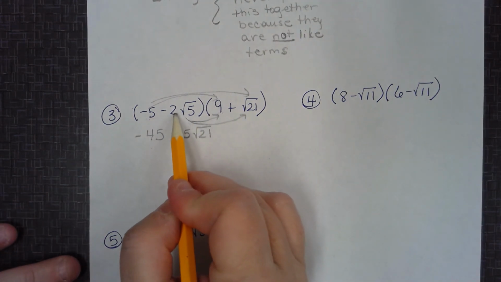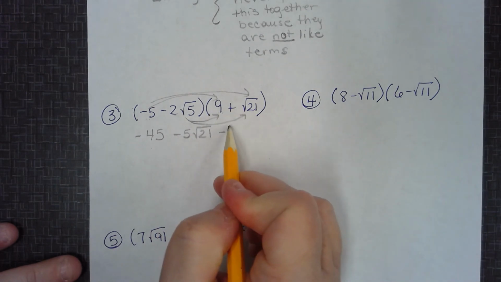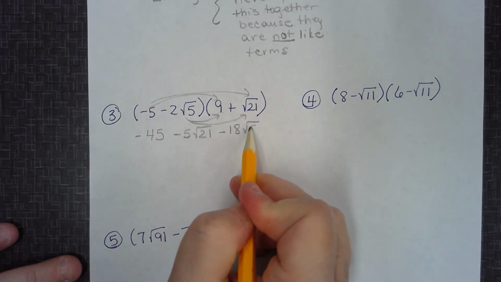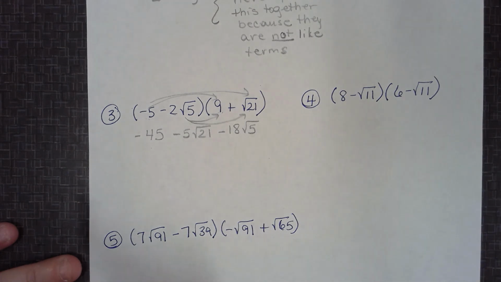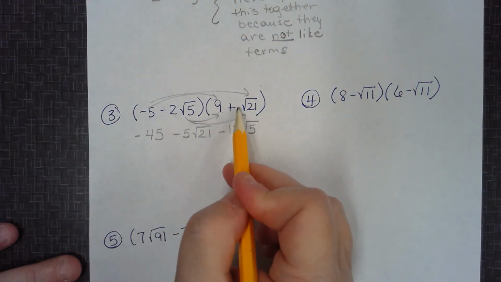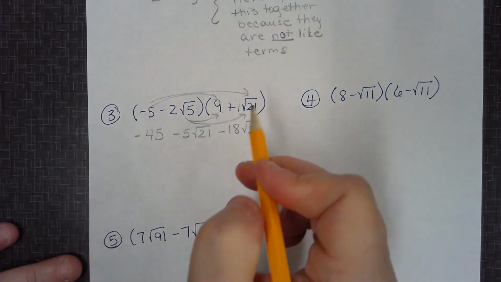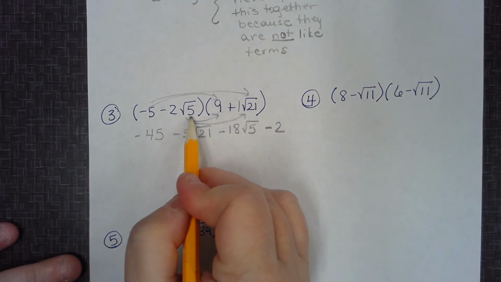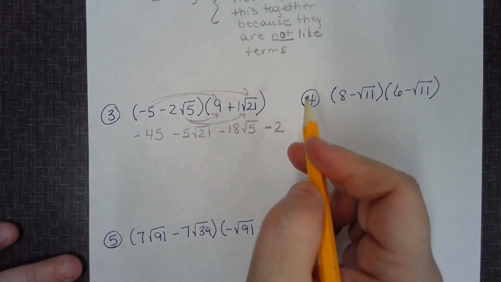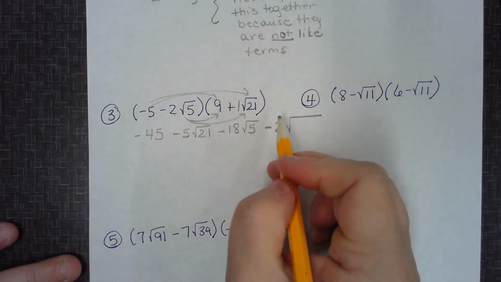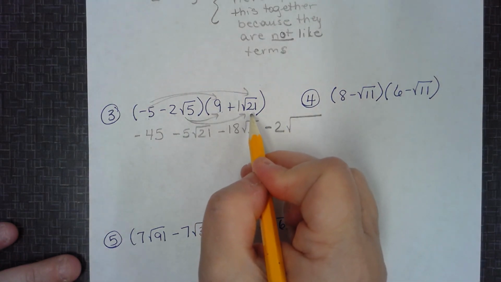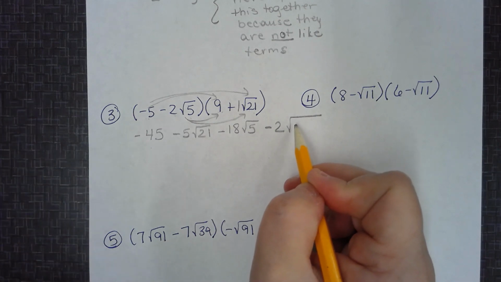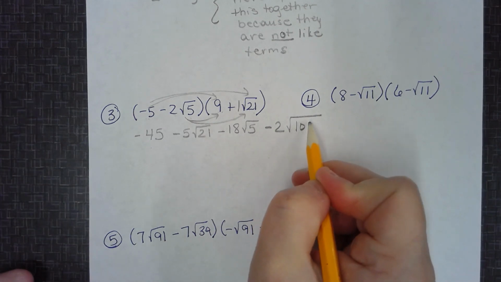Then you do negative 2 times 9, which is a negative 18 radical 5. Okay, and then you do negative 2 times, there's not anything here, it's understood to be a 1, so it's a negative 2. And then square root of 5 times the square root of 21 is going to be the square root of 105.